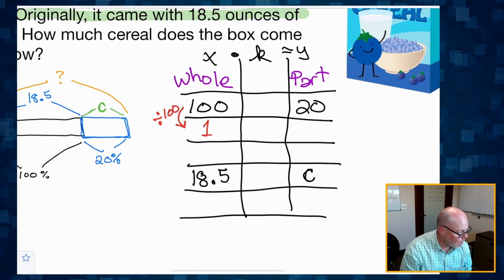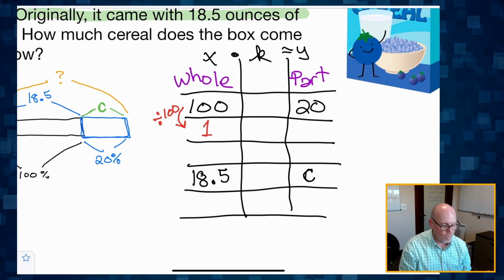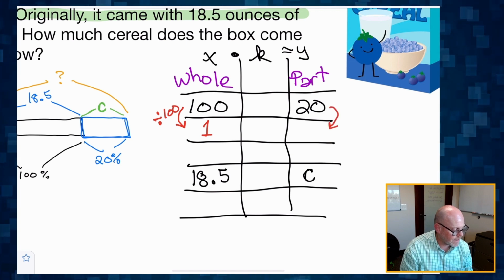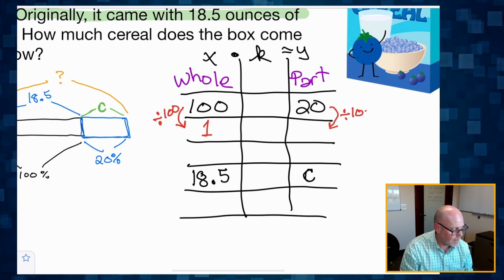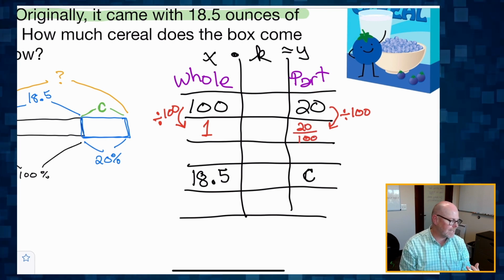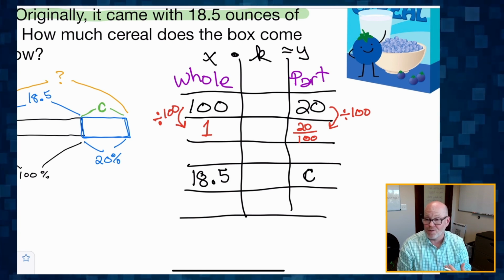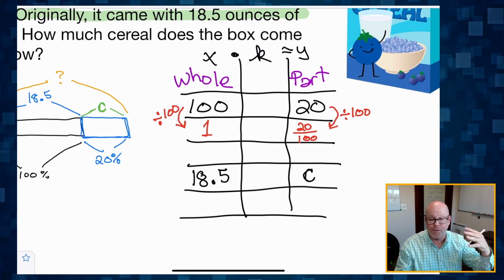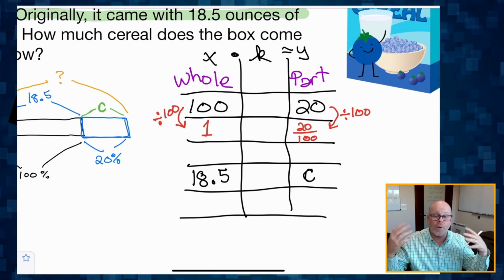That's going to give me 1, which means I can take this 20 and divide by 100, and that's going to give me 20 hundredths. Yes, it would give me a decimal, but it's much easier to just write 20 over 100, 20 divided by 100, and not worry about the decimal.